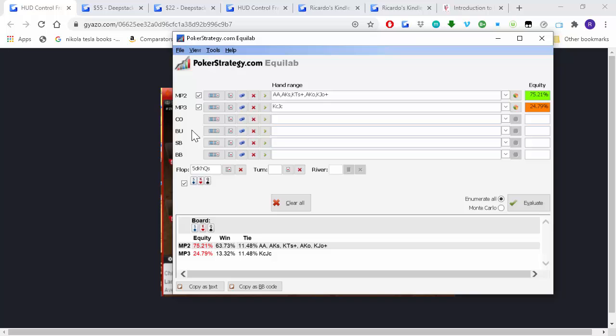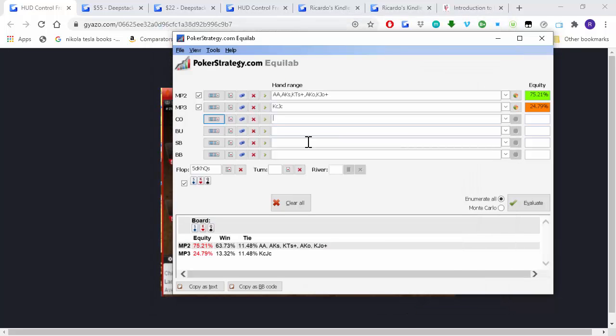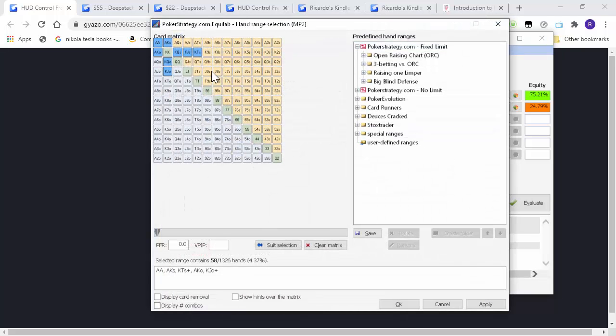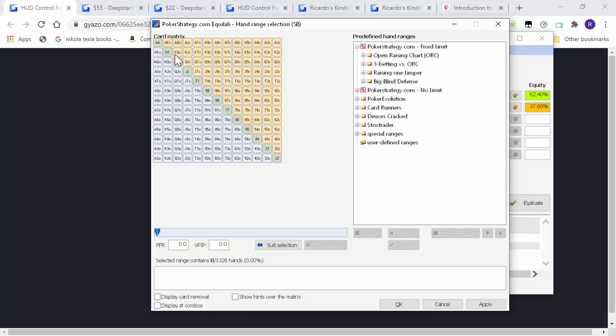Multi-way my equity is even less. Oh, you know, you could play Jack 10 like that. My equity, that's reasonable now. Small blind. I don't really know.